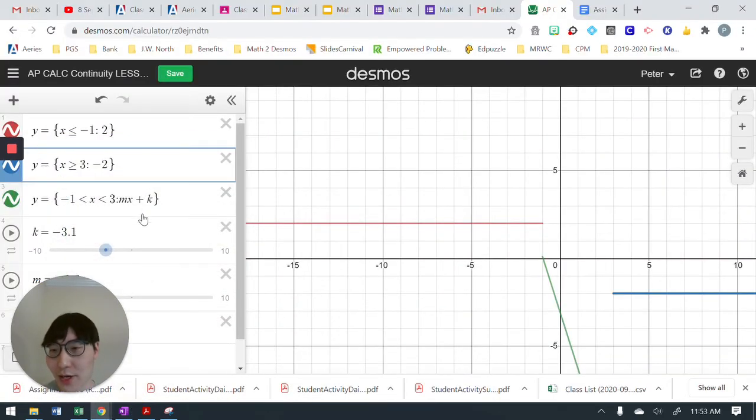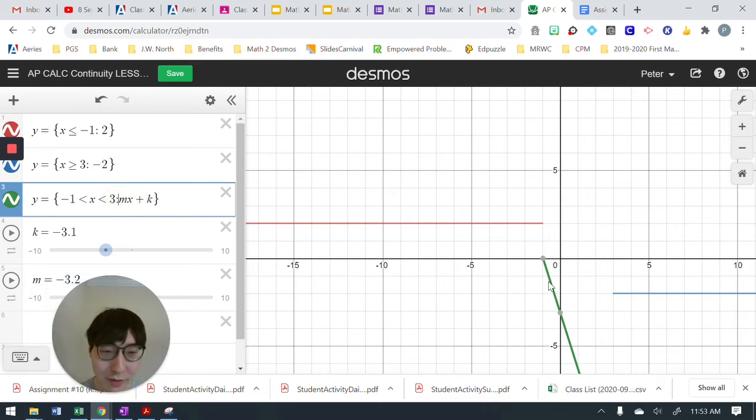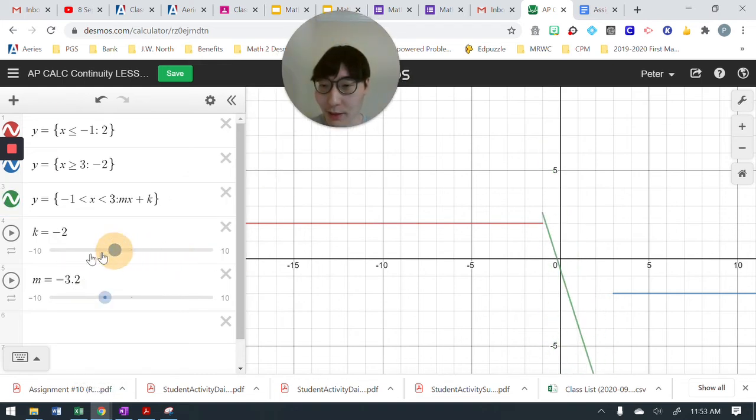And then I created something like this. So between -1 and 3, the function that we have is mx plus k, which is a linear function. But depending on how I change the k values, there is a translation, and how I change the m value, it changes the slope.